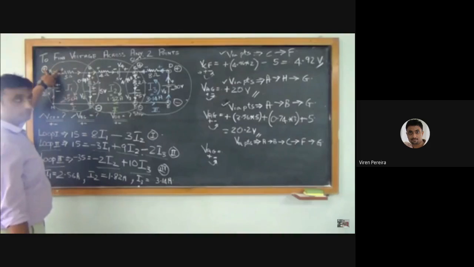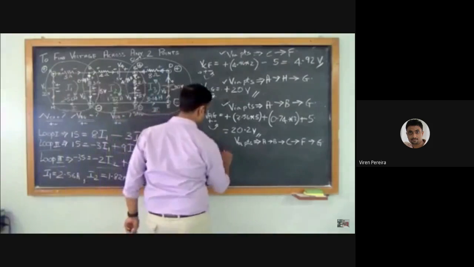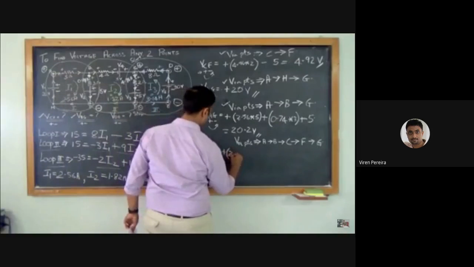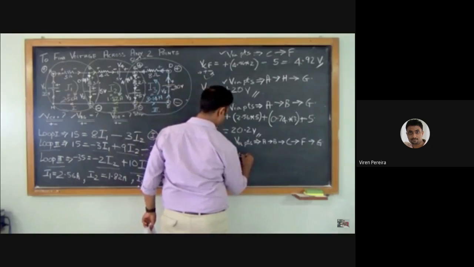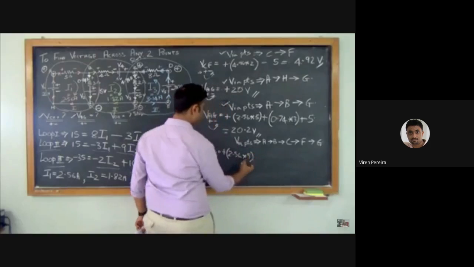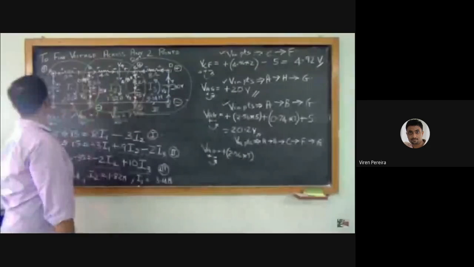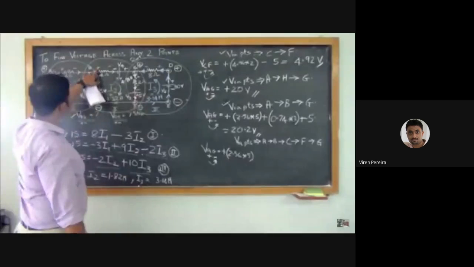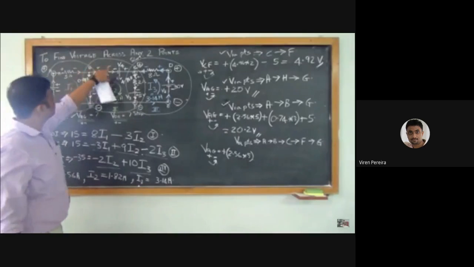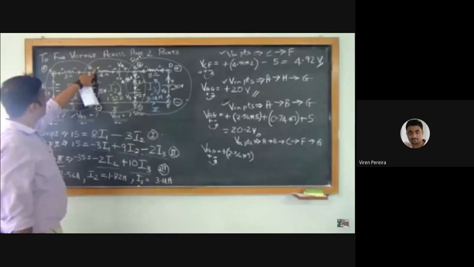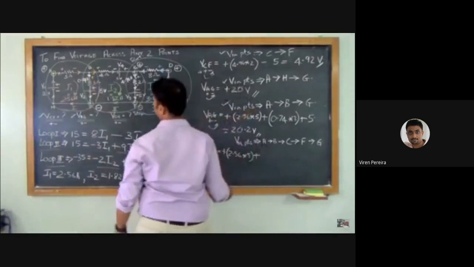Multiply both the polarities. So positive into positive is positive, which will give me 2.56, which is the current flowing in the 5 ohm resistor, into the resistance value, which will give me the voltage. Then I have another terminal, from B to C, which is positive in nature.